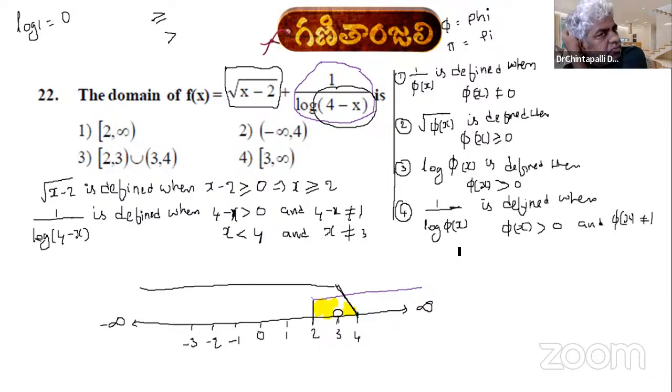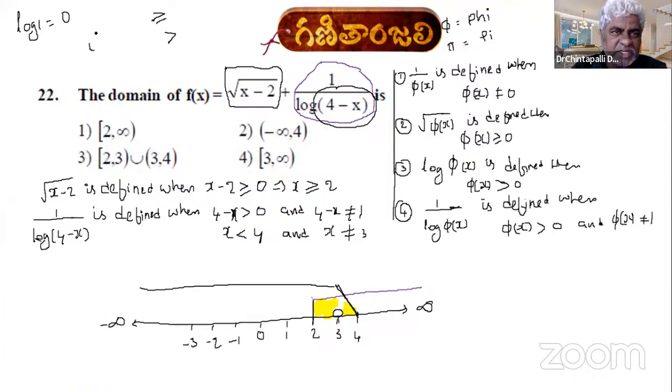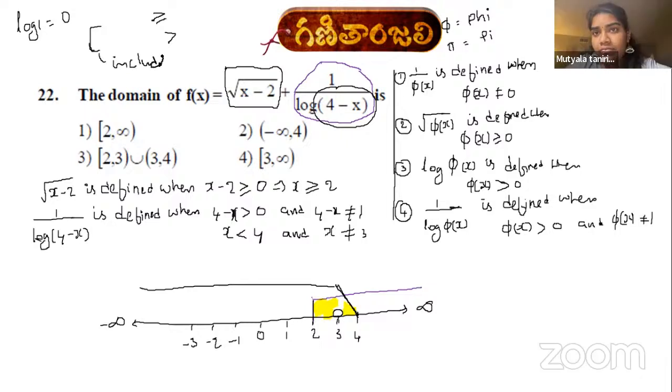I taught you the difference between a square bracket and a curved bracket. Square bracket means it includes. Curved bracket means it excludes.